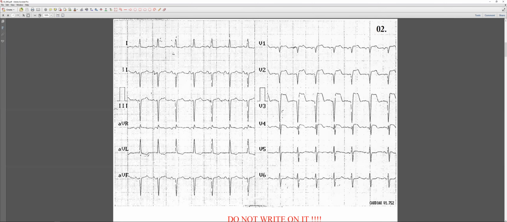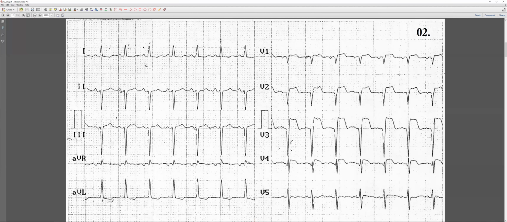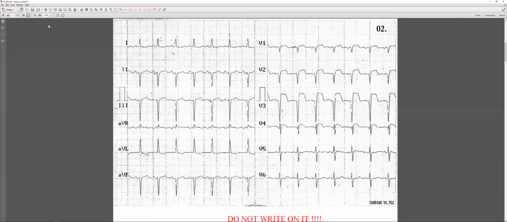Look at the big lines. I will zoom in. Sorry, so it's 2.5 big squares. So it's between 150 and 100. I would say it's about 125 heart rate per minute.